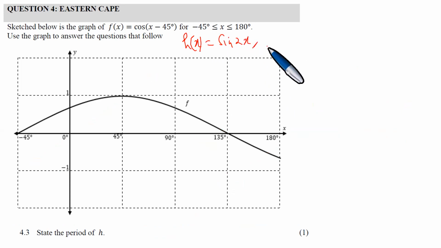What is the period of this, when x is an element of the interval from minus 45 degrees to 180 degrees? Let me give you 1 minute to try that one. Please let me know when you're done.